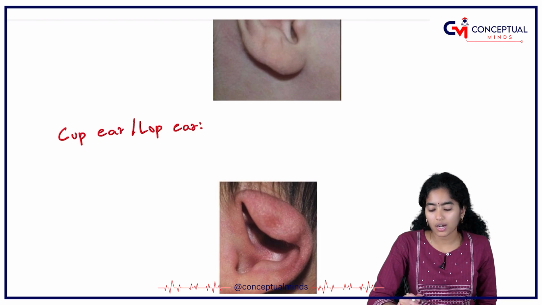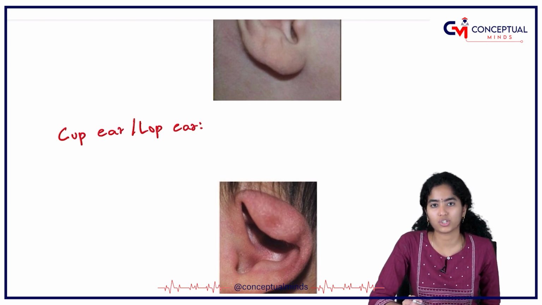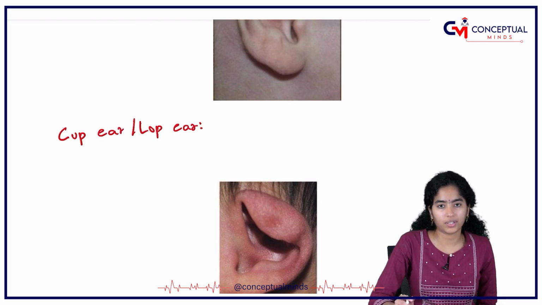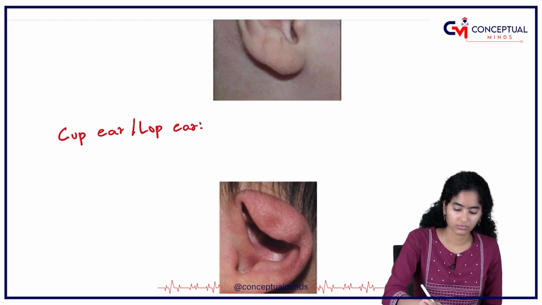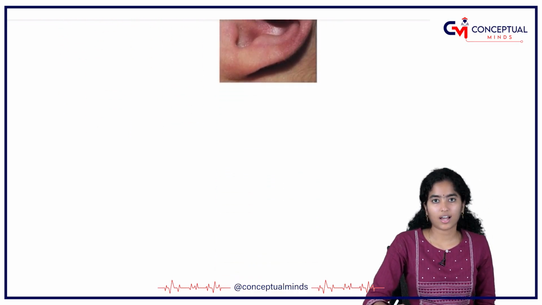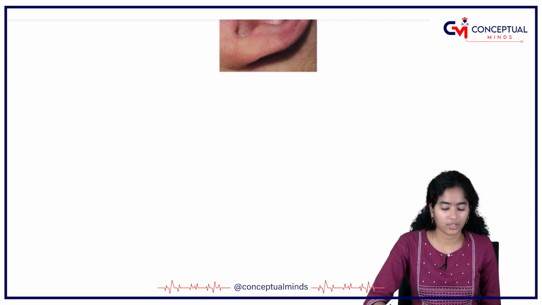It is because of the underdevelopment of this part of auricle that we see it this way, hypoplasia of the upper 1/3 of auricle. So it gives a cupped appearance. These are various congenital anomalies of the pinna.